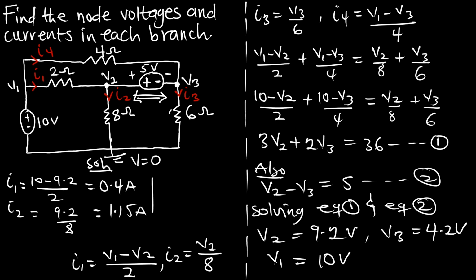And I3 is V3 on 6, 4.2 on 6. This is giving us 0.7 amperes. Our I4 is going to be V1, which is 10, minus V3, 4.2, on 4, and our current is 1.45 amperes. So this is the first example on nodal analysis with voltage source.